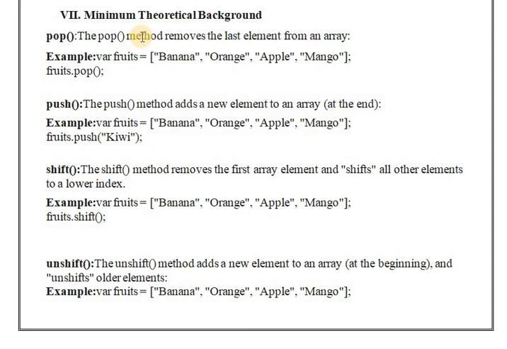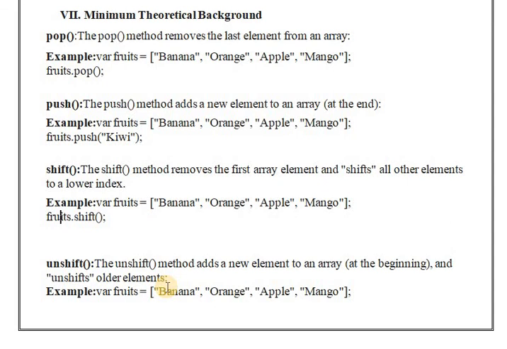First method of the array is the pop method which removes the last element from an array. Push method adds a new element to an array. Shift method removes the first array element and shifts all the other elements to a lower index. Next is the unshift method which adds a new element to an array at the beginning and unshifts older elements.